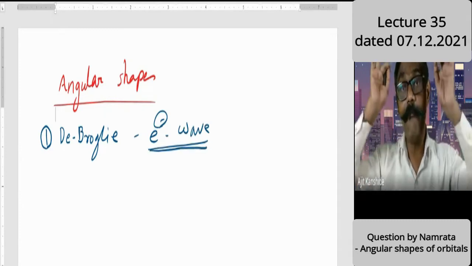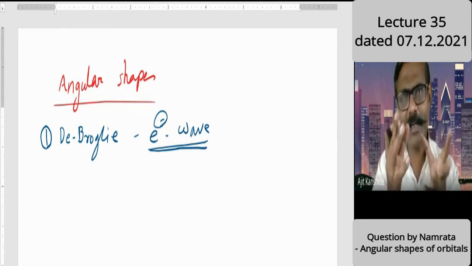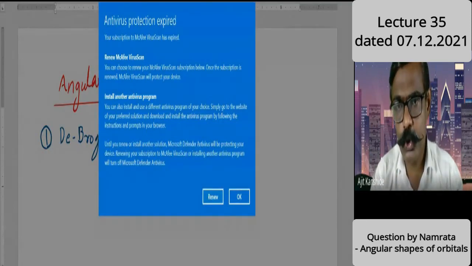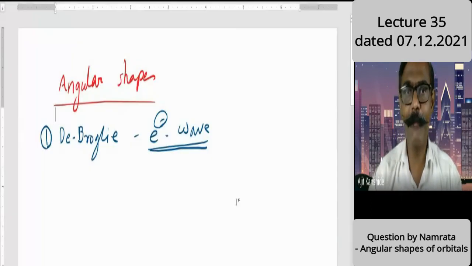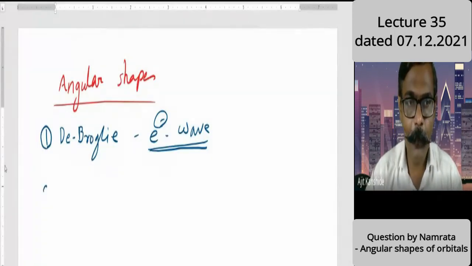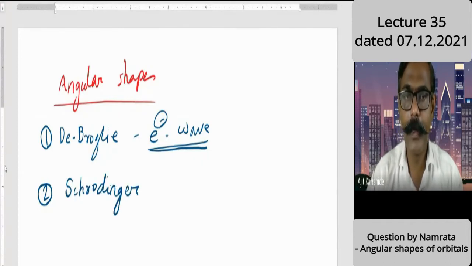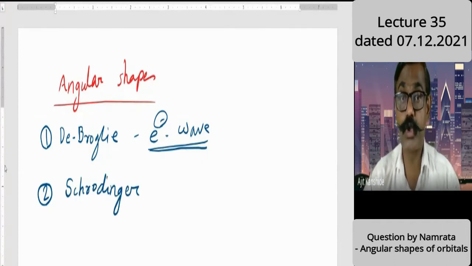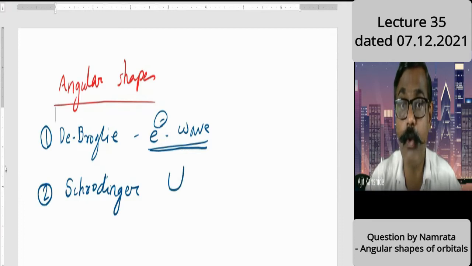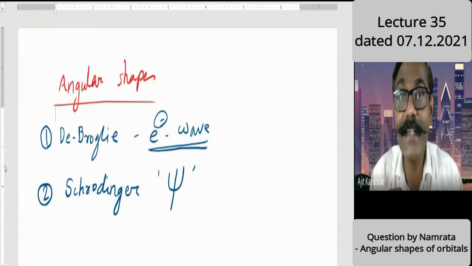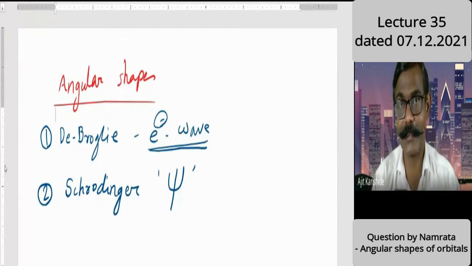And when any wave comes, one trajectory should be there, and if any trajectory is there, then we should be able to explain it by means of mathematics. For that, Schrodinger, a great mathematician, has given his own equations to describe that wave as a wave function, psi.